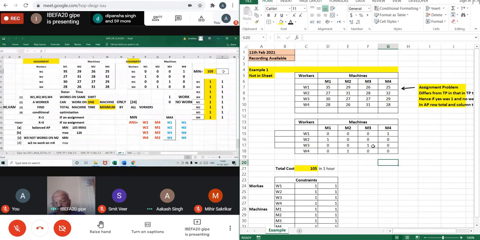Sir, shouldn't it be multiplied by 4 divided by 105? Approximately 19 units they can complete. Is it okay? Yes, sir.